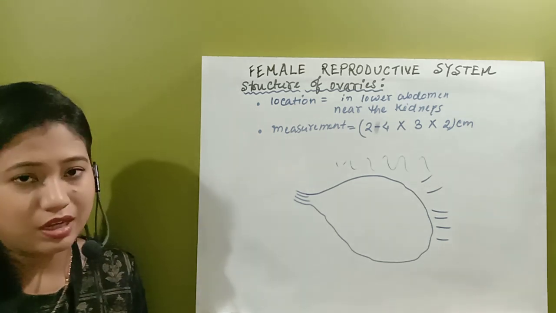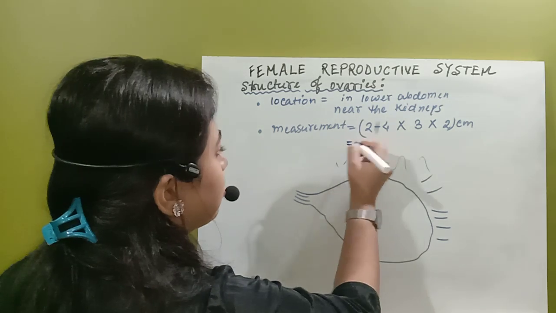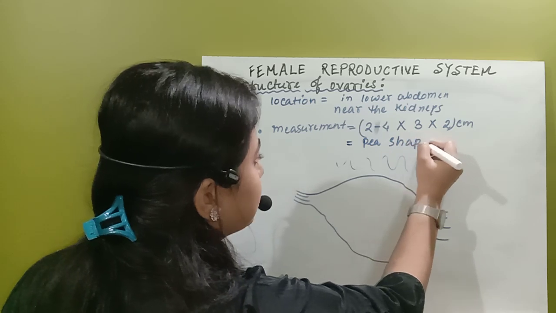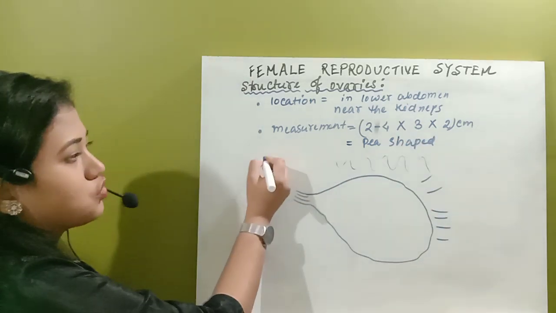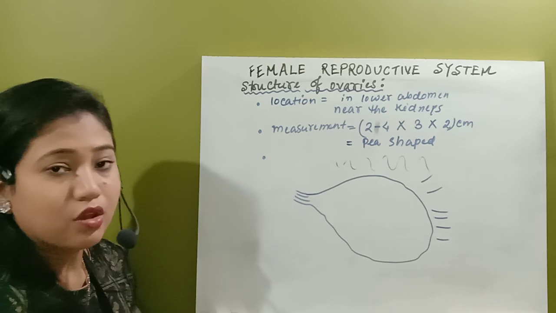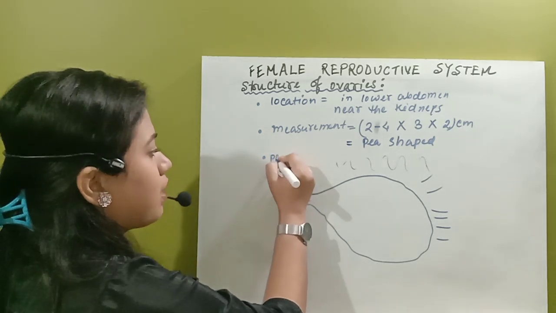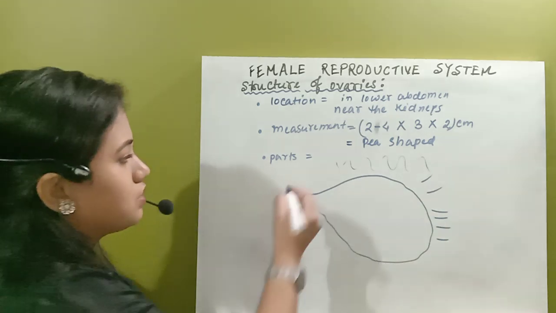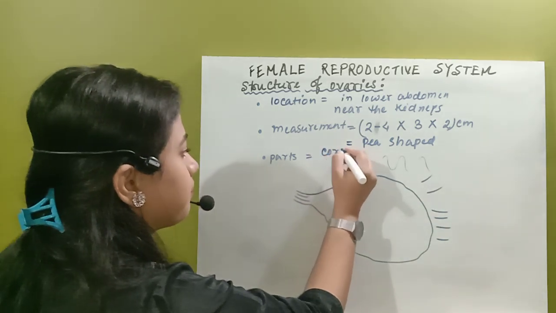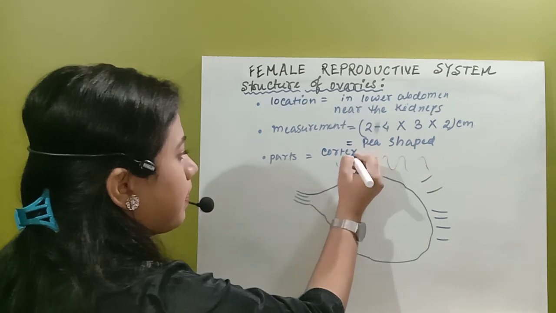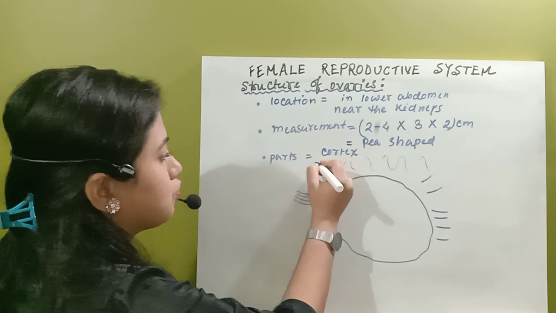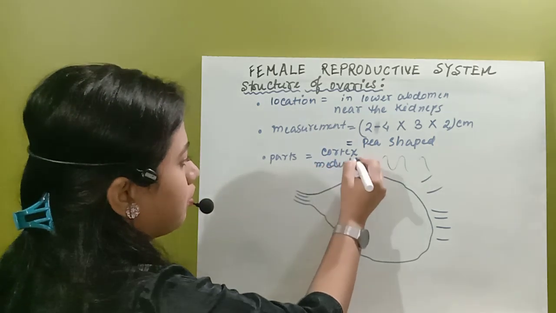Now this ovary is a T-shaped structure, and it has two parts. The outermost region is the cortex, and the central middle region is known as the medulla.